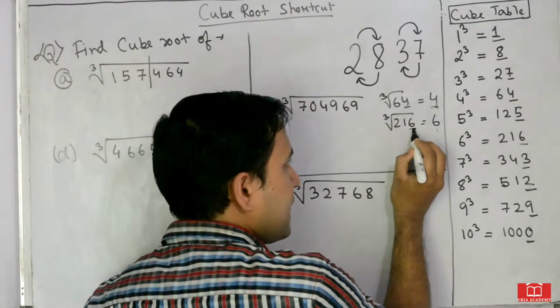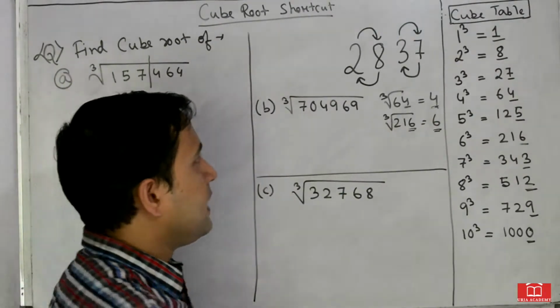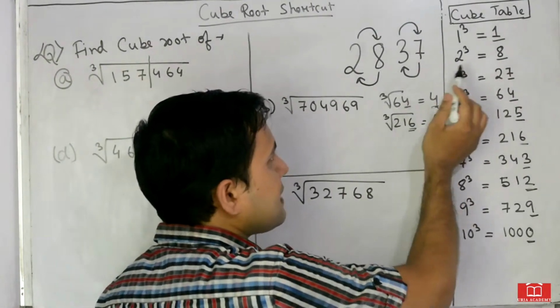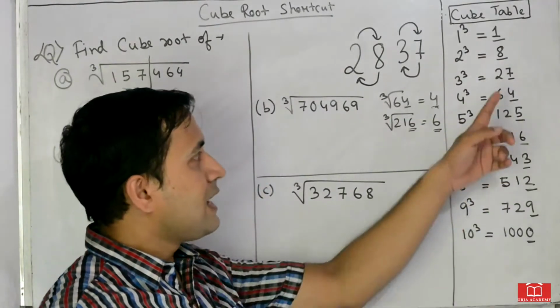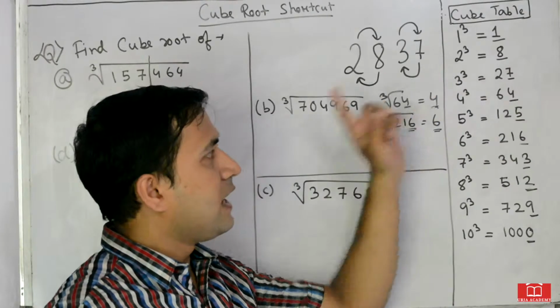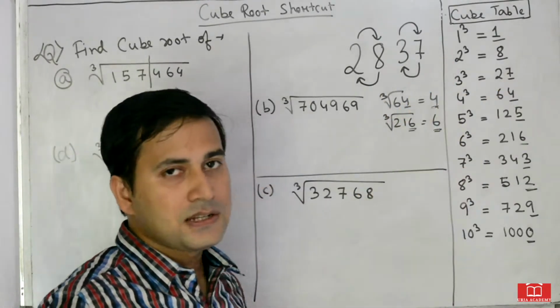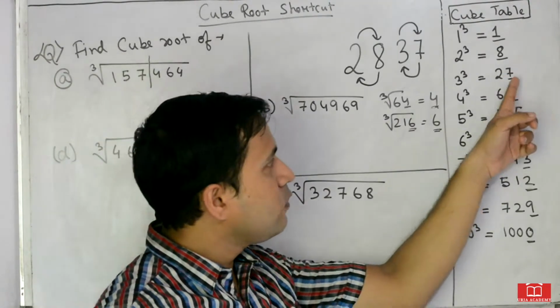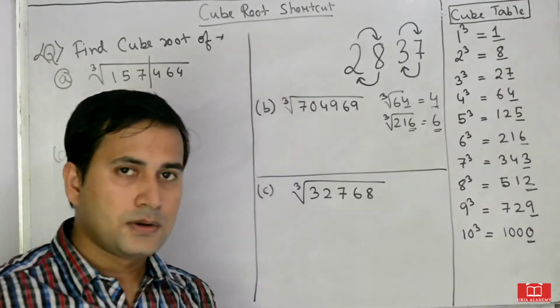If the last digit ends in 6, we get the answer as 6. Similarly, if the last digit ends in 1, we get the answer as 1. If the last digit ends in 8, we get the last digit of the answer as 2. If the last digit ends in 7, we get the answer as 3, and so on.